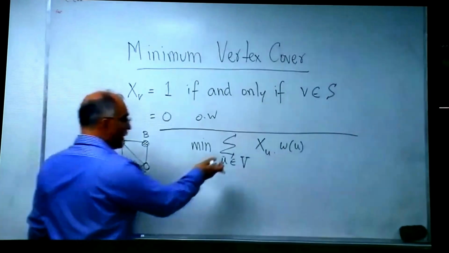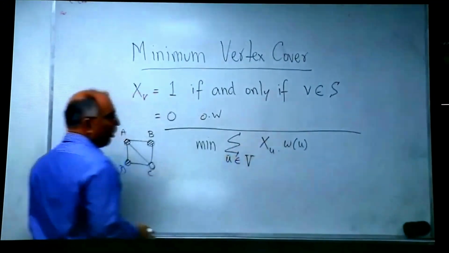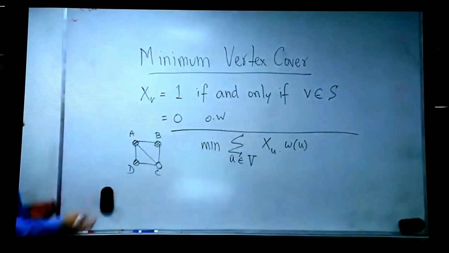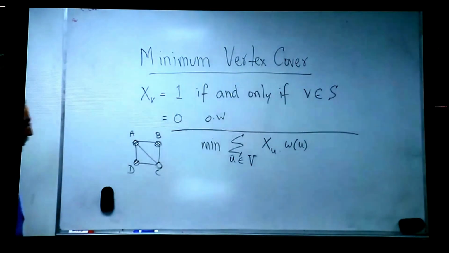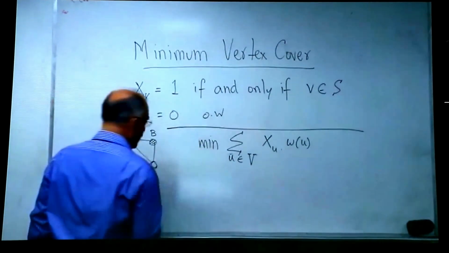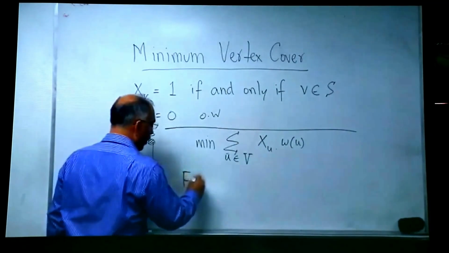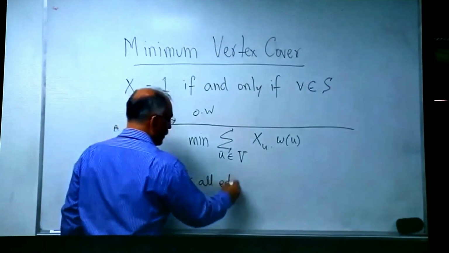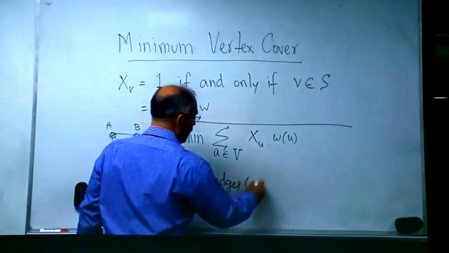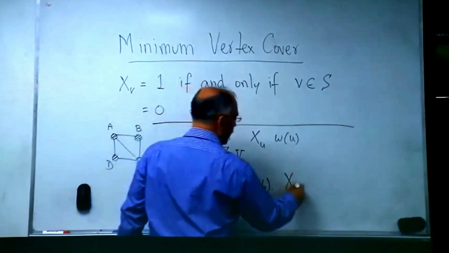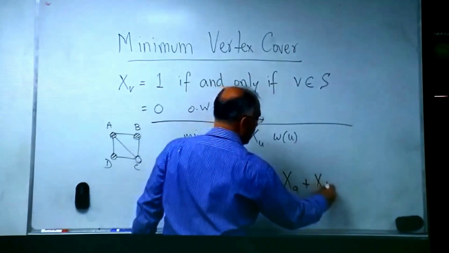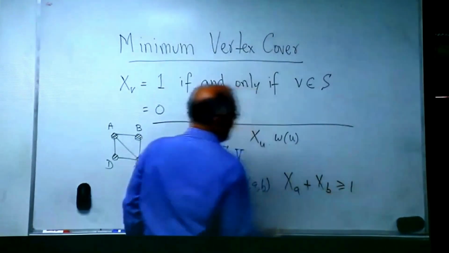Now, of course, if I just wanted to minimize this function, I could simply set all the x variables to 0, and I'll get a very cheap solution of 0 cost. So we want those x variables to satisfy some constraint. In particular, we will claim that for all edges of the form (a, b), we want x sub a plus x sub b to be greater than or equal to 1.